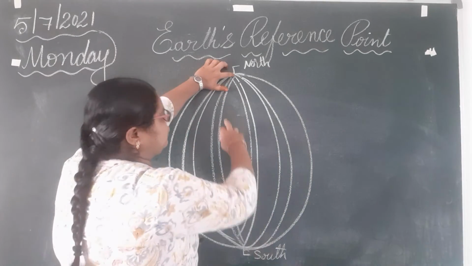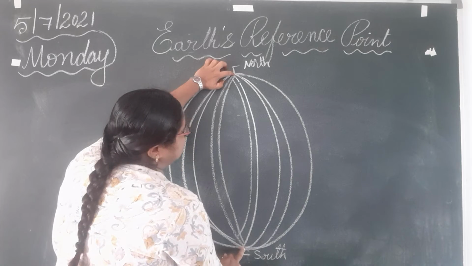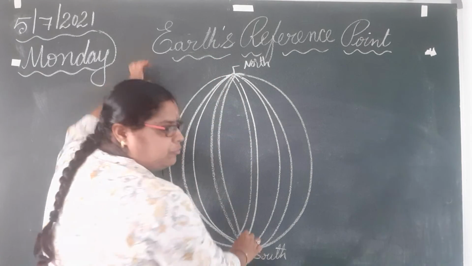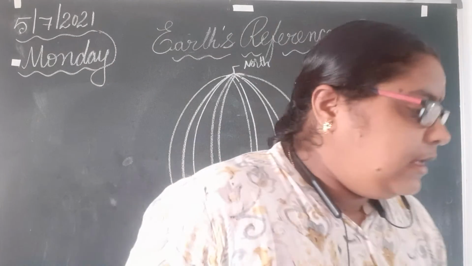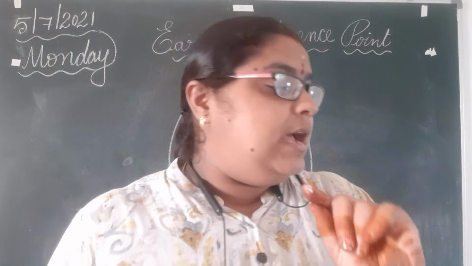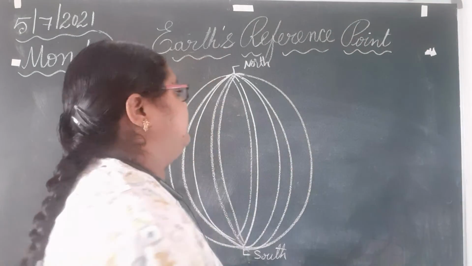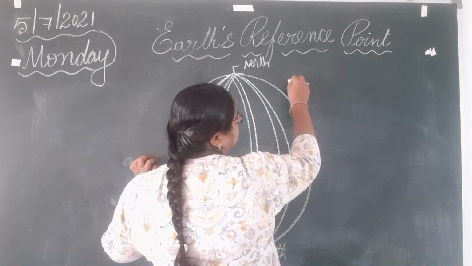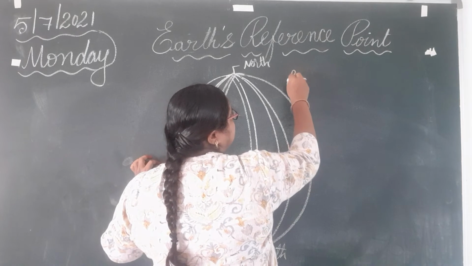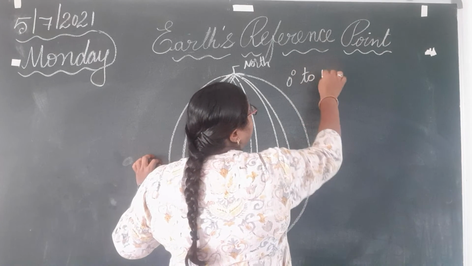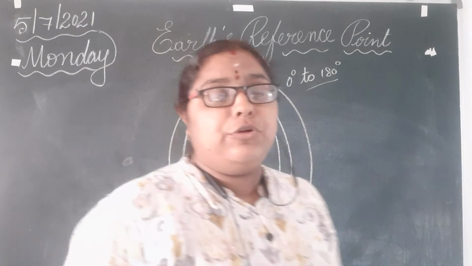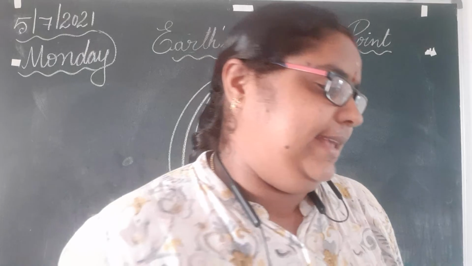Longitudes meet at the North Pole and South Pole. Okay, how are these longitudes measured? Longitudes are measured 0 degree to 180 degrees.